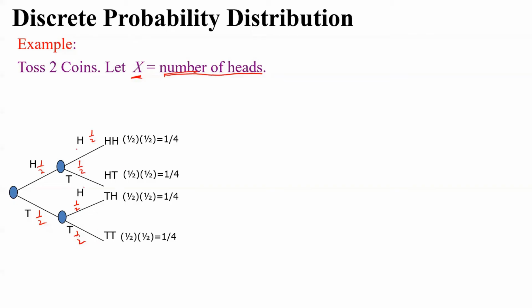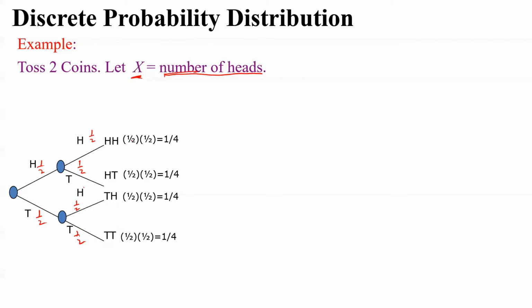If you see all the possible outcomes, you can list them down. There is a possibility that both coins appear to be head, or the first coin appears to be head and the other one is a tail, or the first coin appears to be tail and the second coin appears to be head, and the fourth option is both coins appear to be tail.